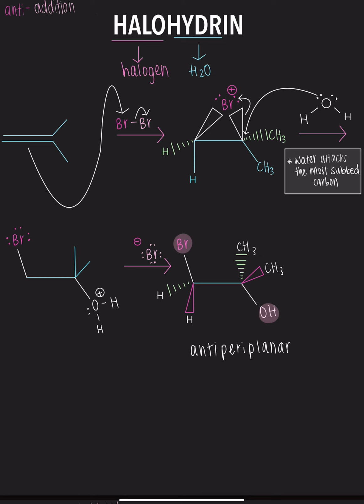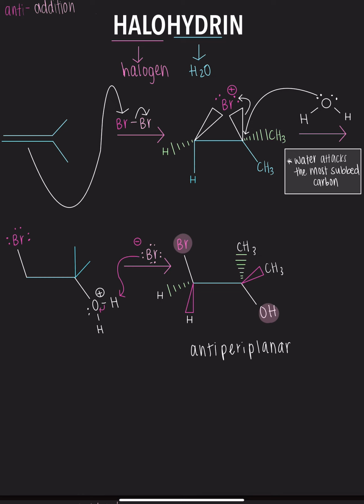Now bromine, the one from the first step, has grabbed all those electrons. It's going to have a negative formal charge. Those electrons are going to go and attack the hydrogen, not the oxygen, the hydrogen. And then those electrons between the oxygen and the hydrogen are going to go over to the oxygen. And then you're going to have bromine and OH in anti-periplanar position.